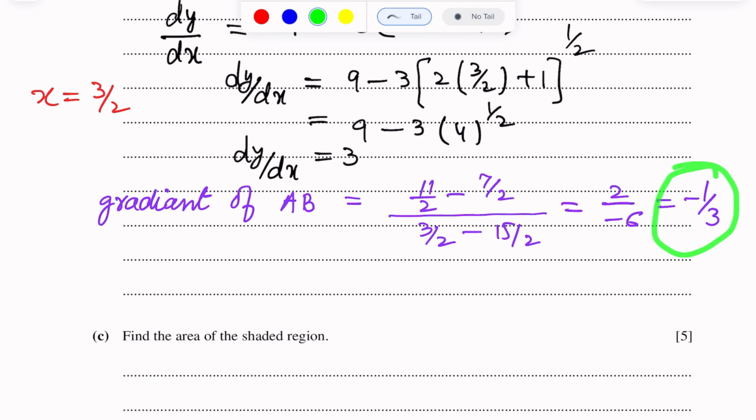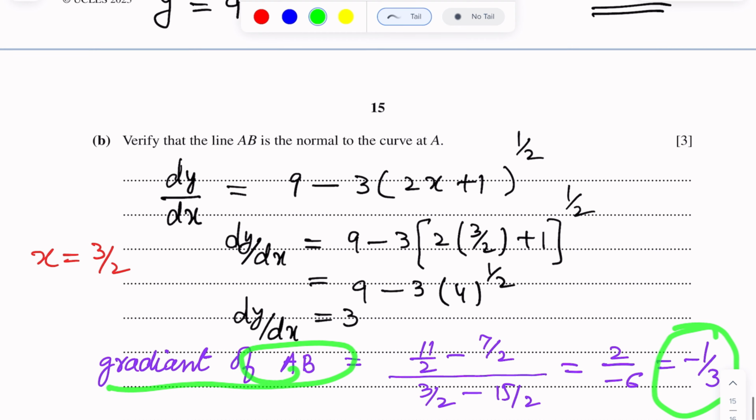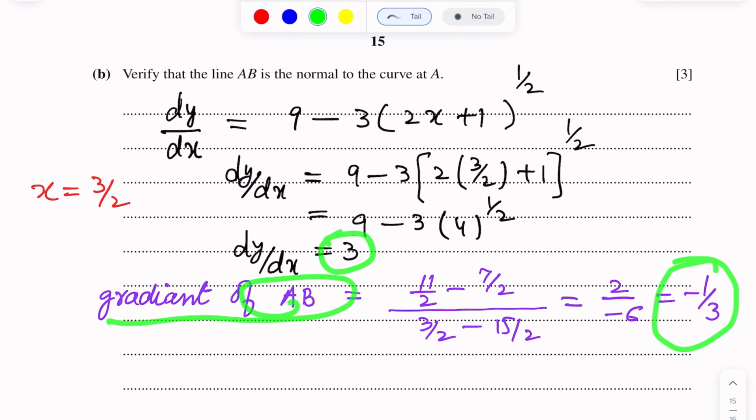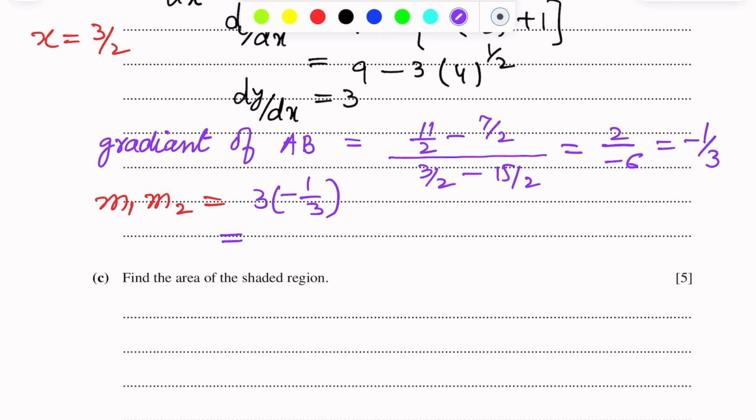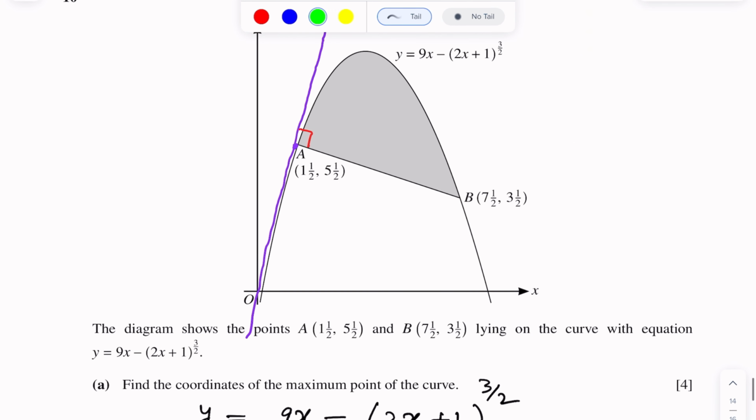So negative 1 over 3 is the gradient of line AB and the gradient of tangent is 3. So we are using this concept M1, M2. If we are taking the gradient of tangent M1 and gradient of AB minus 1 over 3, multiplying we get 3 into minus 1 over 3, that is equal to negative 1. This shows that AB line is a normal.